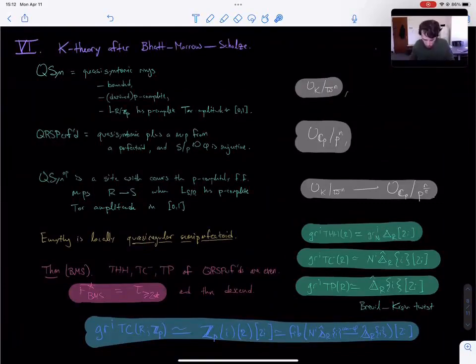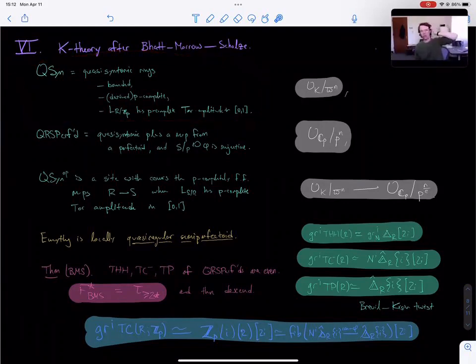Okay, so I wanted to explain, because Akim is going to use prismatic cohomology. Somehow this ends up being how we are going to answer this question. So I wanted to explain very briefly how that comes up. So in their second paper, Bhatt and Scholze introduced these quasi-syntomic rings.